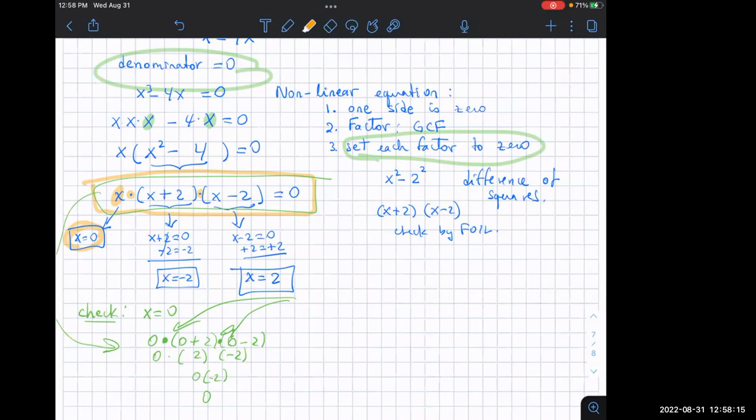Any other questions? When we write it down with the domain format, let's write it down.